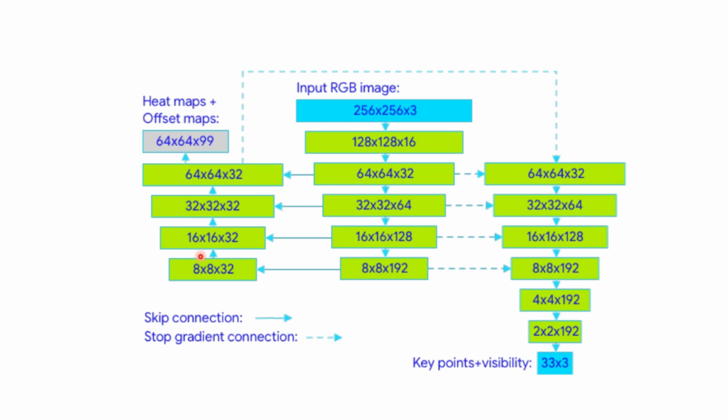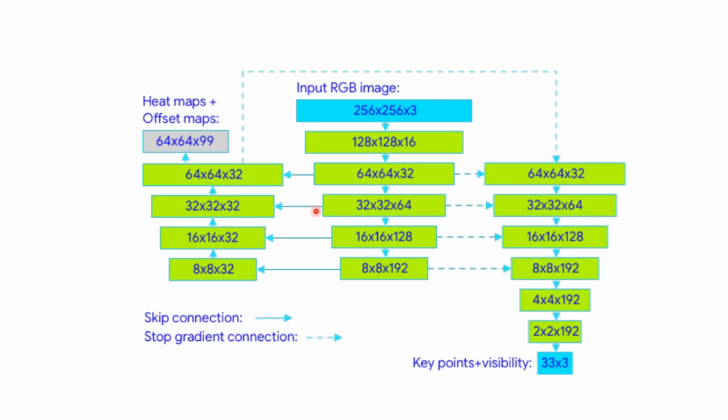In the heat map branch, a decoder-encoder structure produces heat maps of shape 64 by 64 by 99 with skip connection from the main branch, enhancing accuracy by combining high-level and low-level features.